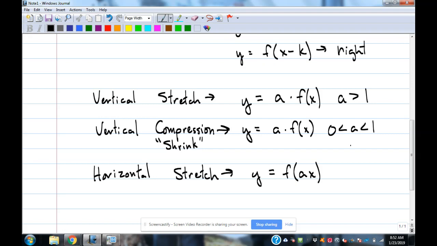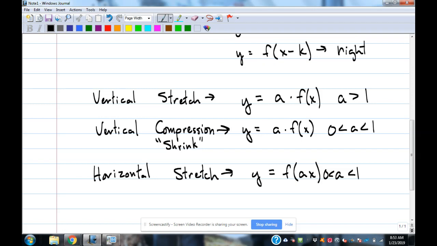Garfield's going to get wider, and that's a horizontal stretch. For that to happen, you've got to multiply by some number between 0 and 1. A horizontal stretch, you multiply by a small number on the inside. Remember, it's the opposite of what the vertical is.